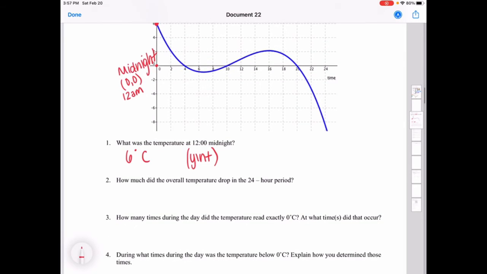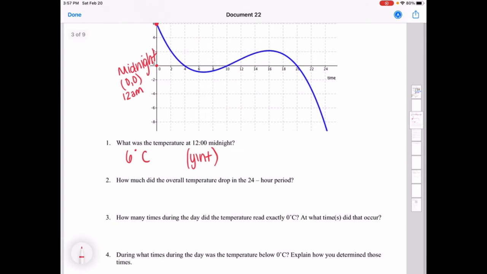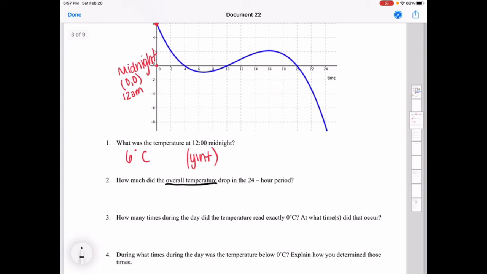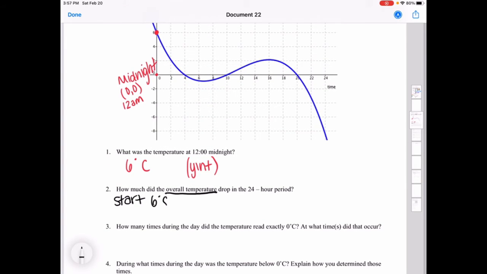How much did the overall temperature drop in the 24-hour period? Well, it's asking me overall temperature. So I'm going to write in black here. Overall temperature. My start point was 6 Celsius. End point was -8.